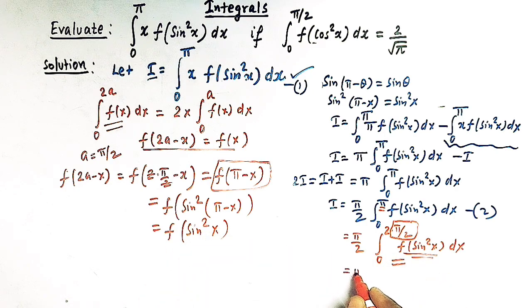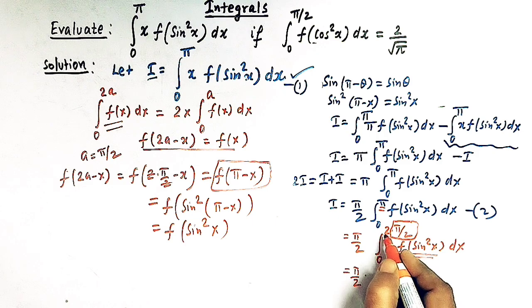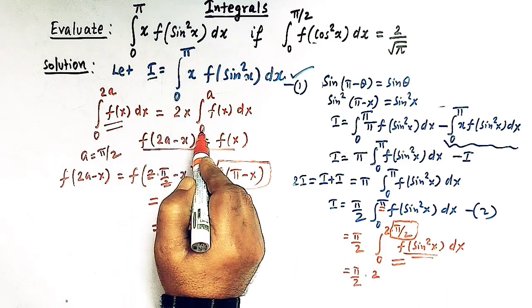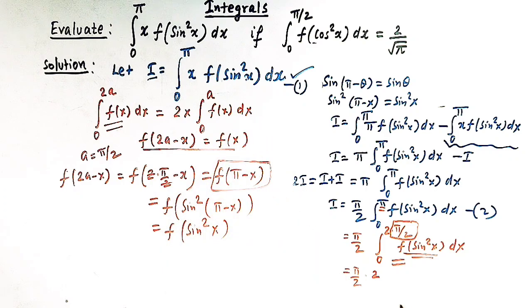So we can now write pi by 2, and here we have this 2, because 2 times integral from 0 to a f of x dx. So we have 0 to pi by 2, and here we have f of sine square x dx. Now this 2 and this 2 get cancelled, and we have pi times integral 0 to pi by 2 of f of sine square x dx.